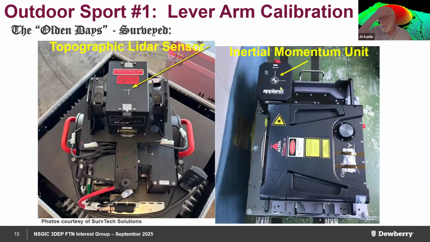For those of you who've never seen it, on the left is a picture of a Riegl sensor that's mounted in an aircraft. You can see the aircraft mount around it, and we removed the hood, the cowl, from the sensor. You can see that on the sensor is marked the position of the emitter, of the actual laser.